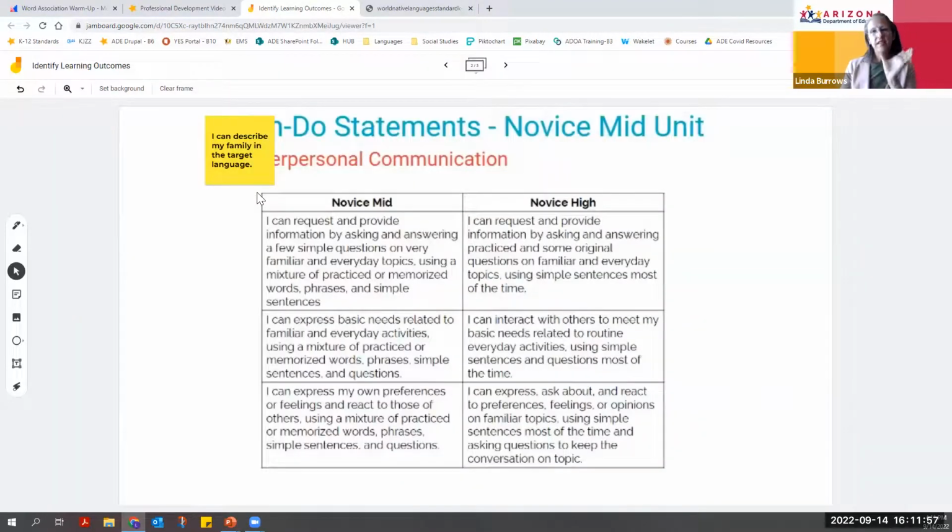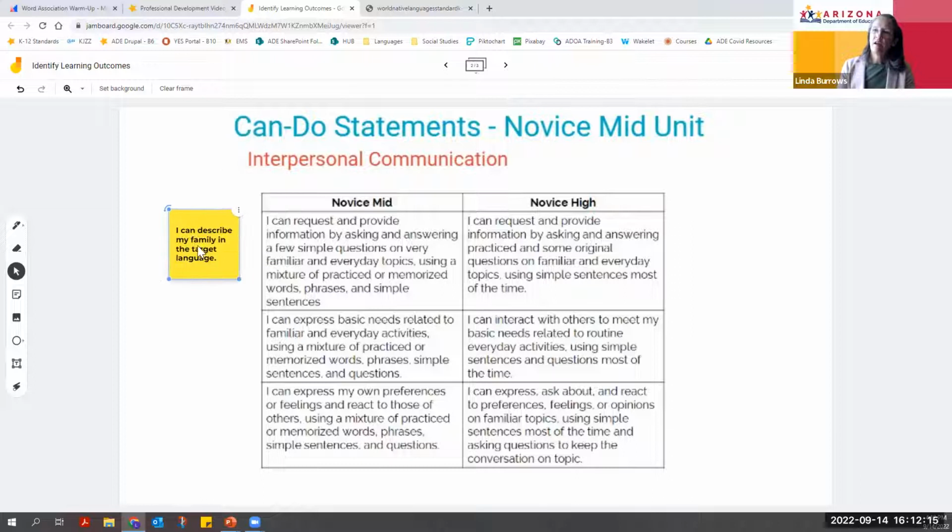So again, we've taken that generic statement of, I can communicate spontaneous spoken and written words with practiced or memorized phrases. We take that and now we make it specific for our particular unit.